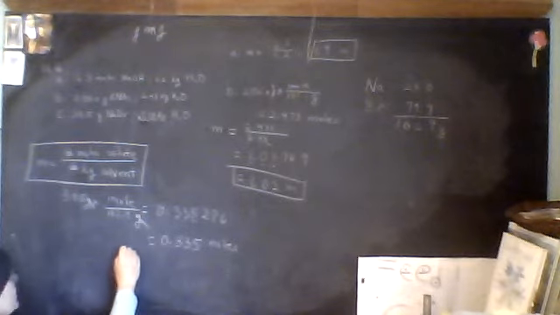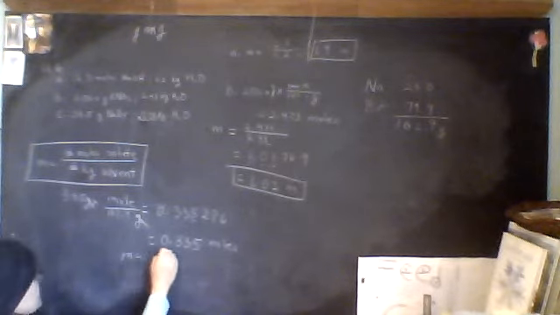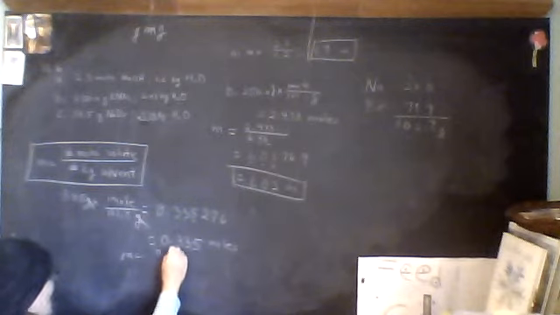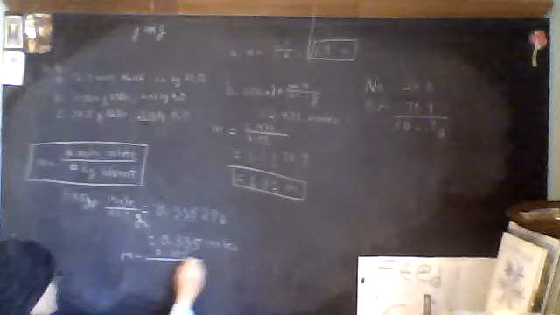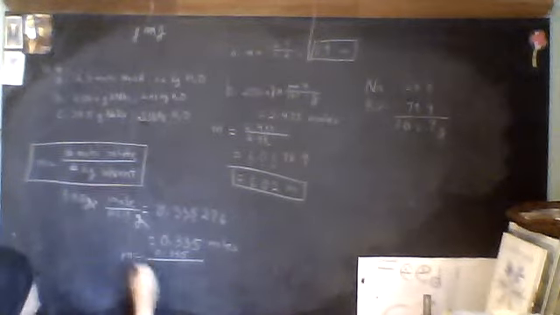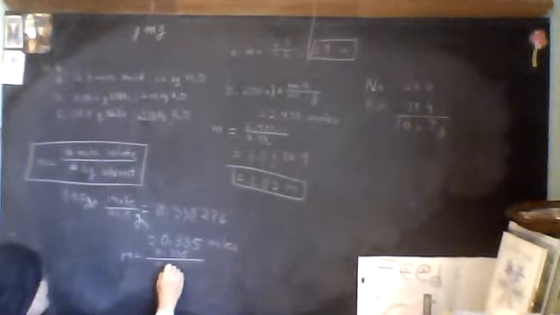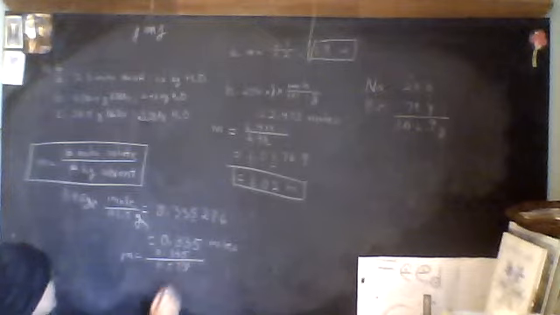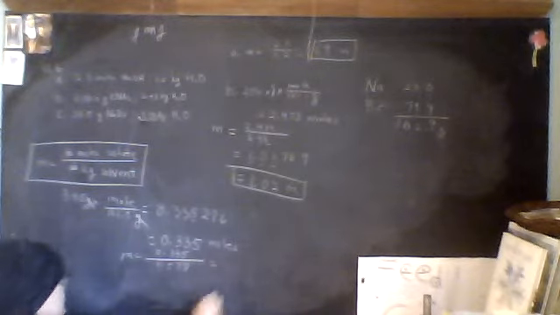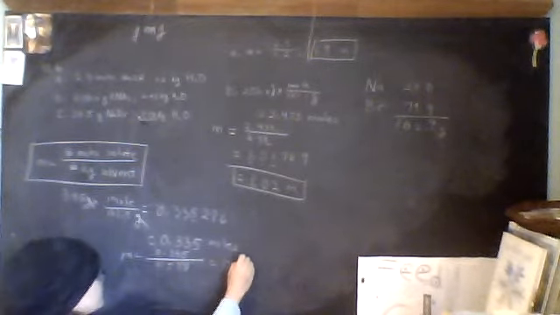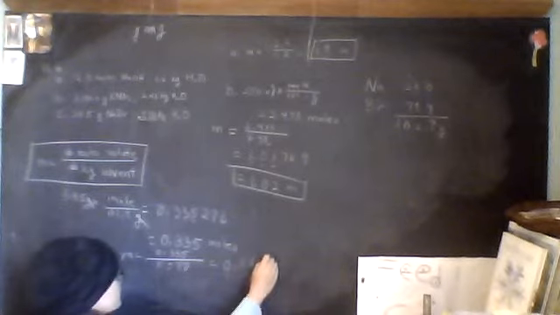Everyone see this? So the molality is 0.335 divided by 0.578, which is 0.5795847.